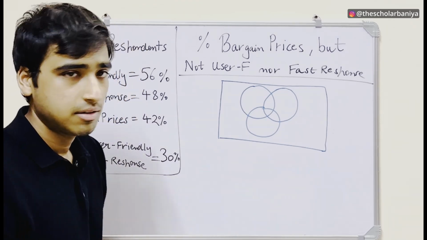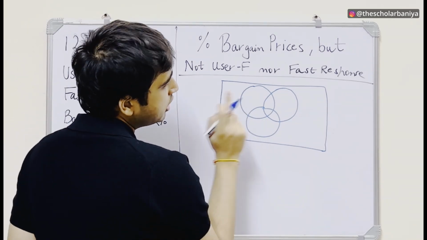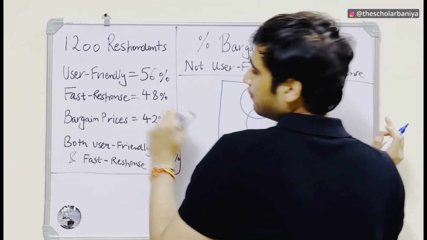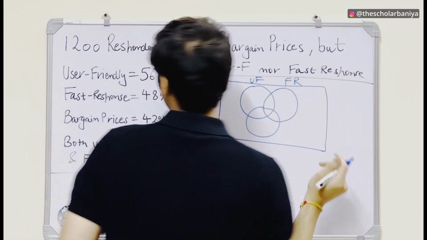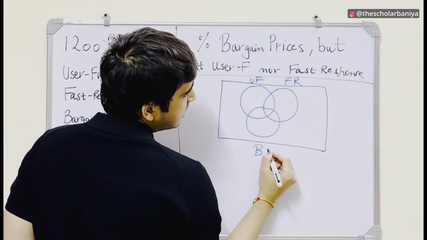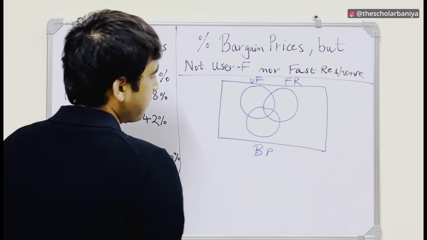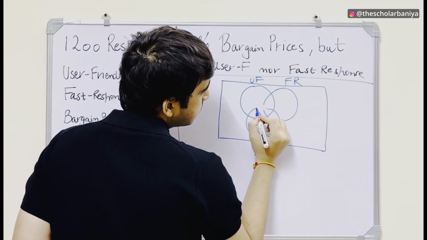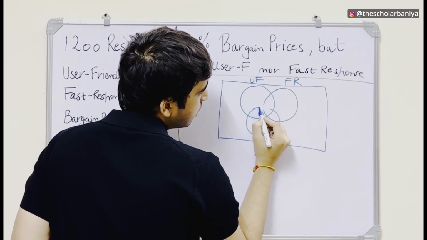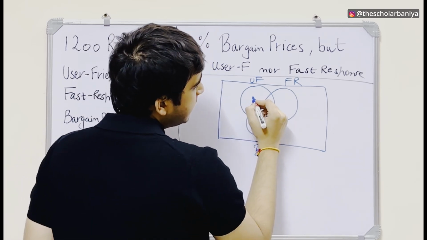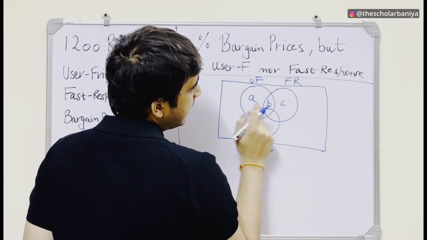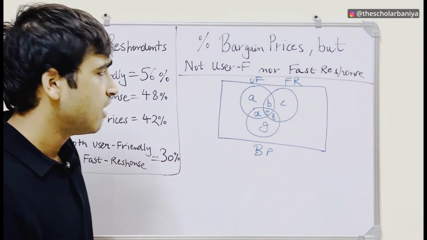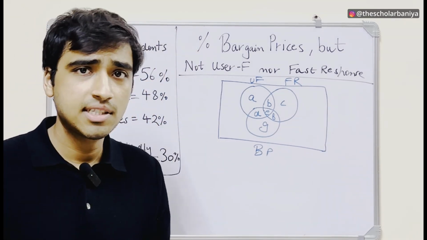This one is for user friendly, the second circle is for fast response, and the third circle is for the bargain price. What we do in these questions is take these regions to be certain variables A, B, C, D, E, F, G. We have discussed it previously as well.